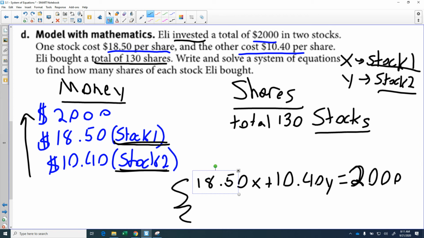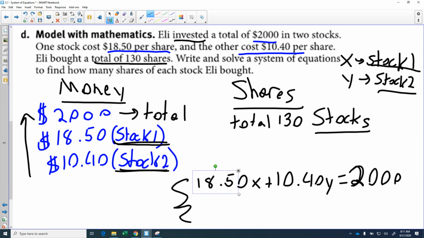Okay. Notice how after I organize these in the money category, it just literally goes in order. You have your total equal to your two values added together. For the last step here, we have shares, and we have 130 total stocks. Well, I got to try to figure out how can I actually turn this into an equation. Well, I'm going to tell you right now, it's actually fairly easy.